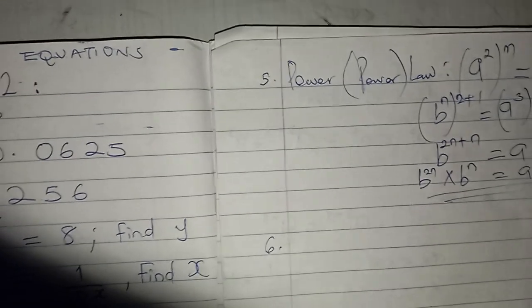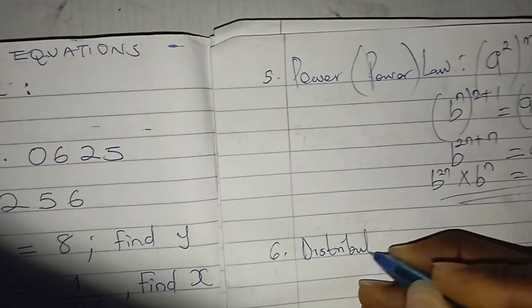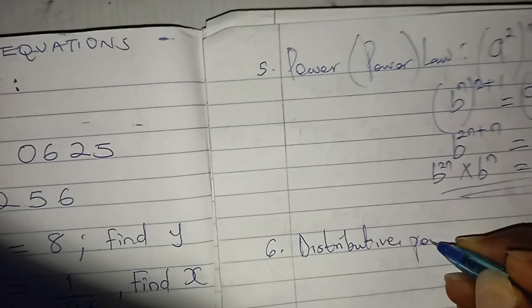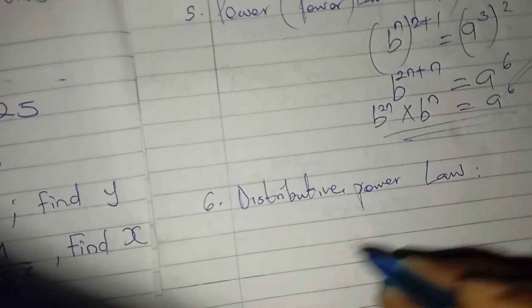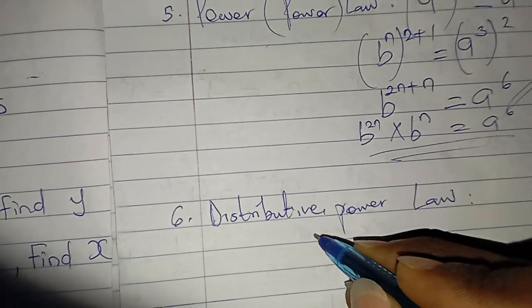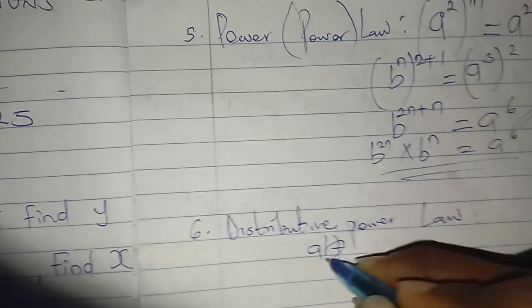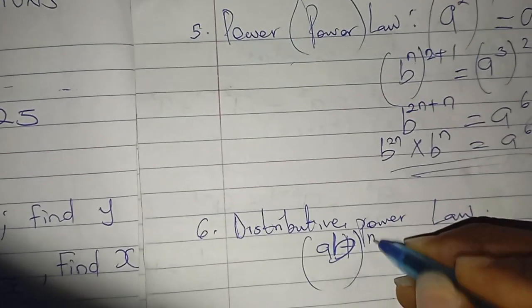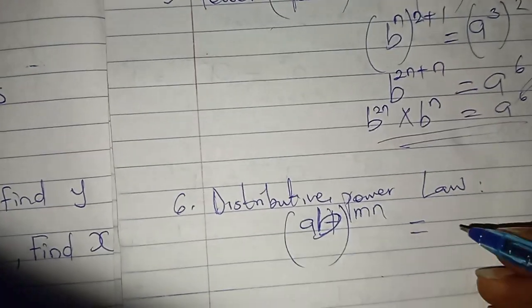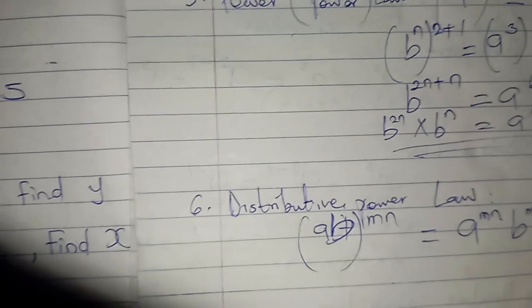Now the sixth law of indices is what we call distributive power law. And distributive power law works for multiplication and division, so it doesn't work for addition and subtraction. Distributive power law simply states that if I have a times b all raised to power mn, this is the same thing as saying a raised to power mn and b raised to power mn.